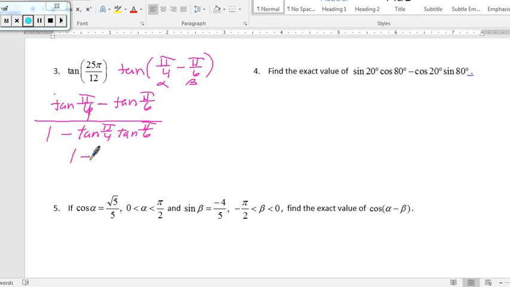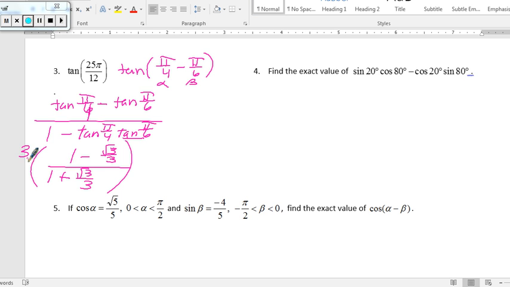All right, so the tangent of pi over 4 is 1. The tangent of pi over 6 is square root of 3 over 3. This one here is in the formula. This tangent of 1 is going to be multiplied to this piece here, and we already decided that the tangent of pi over 6 is square root of 3 over 3. We want to get rid of these denominators here, so I'm going to multiply all 4 terms through by 3.